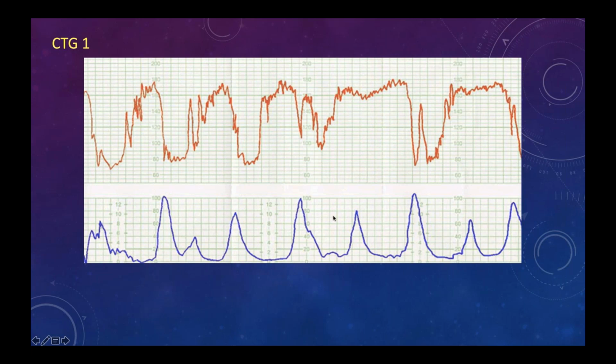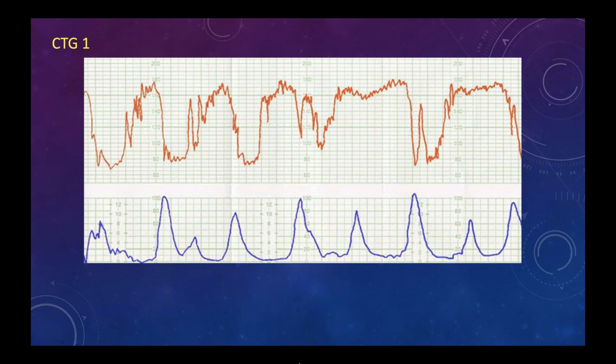This is fine. How many contractions in 10 minutes, Vishnu Priya? This is a 10-minute trace. There are around 4 contractions, I can see. 3 to 4 contractions. Comment on accelerations.